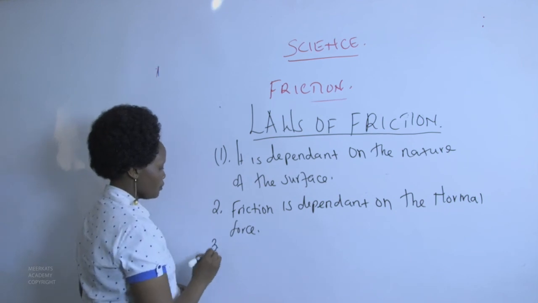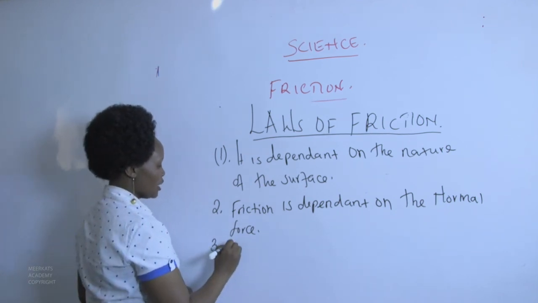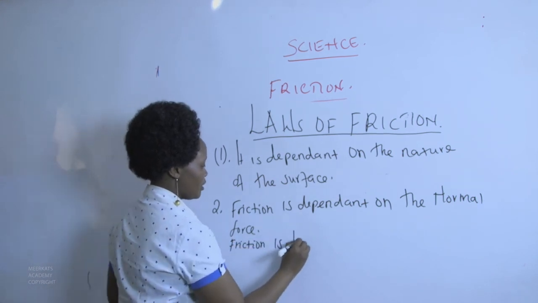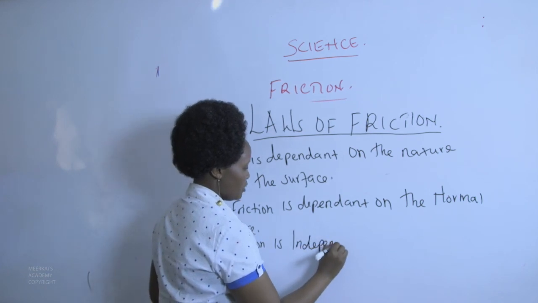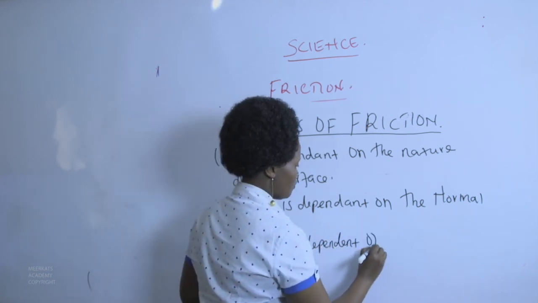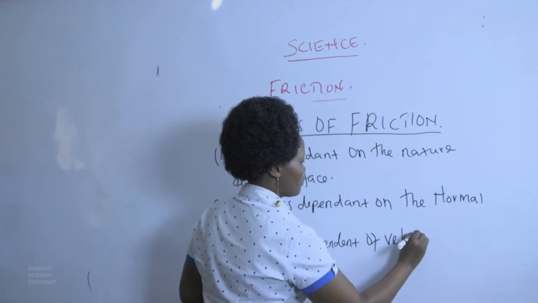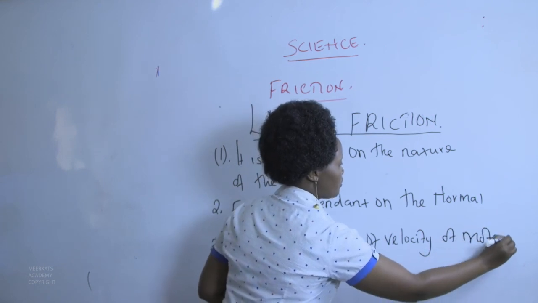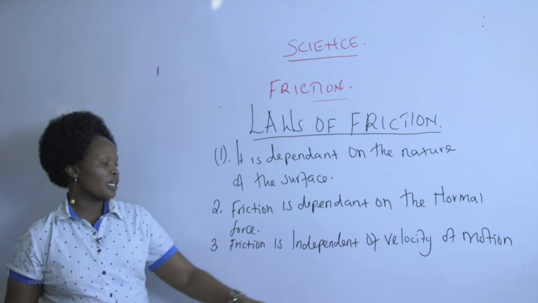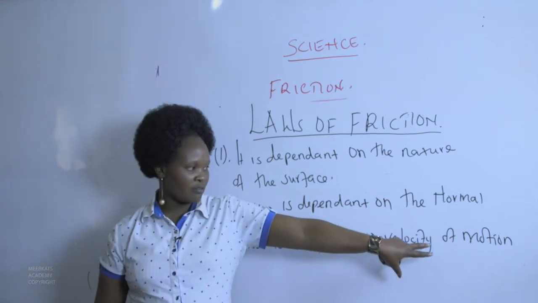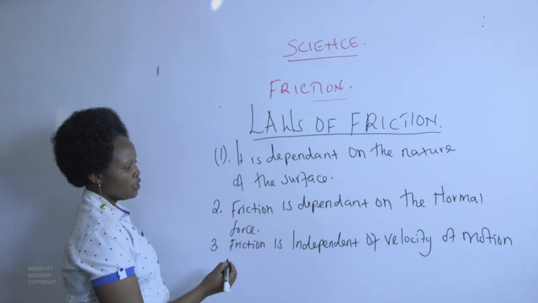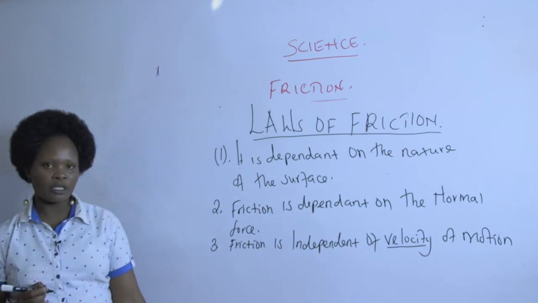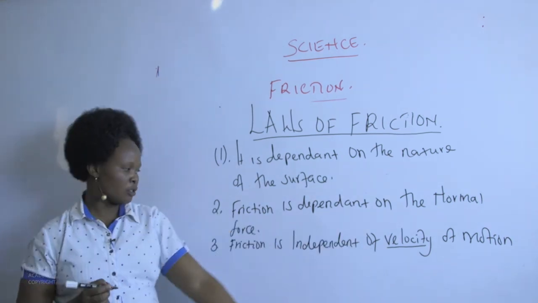Number 3 is that friction is independent of velocity of motion between surfaces. We have said that friction is experienced by bodies that are in relative motion. Now, when you're talking about friction, the velocity with which the bodies are moving is actually immaterial.